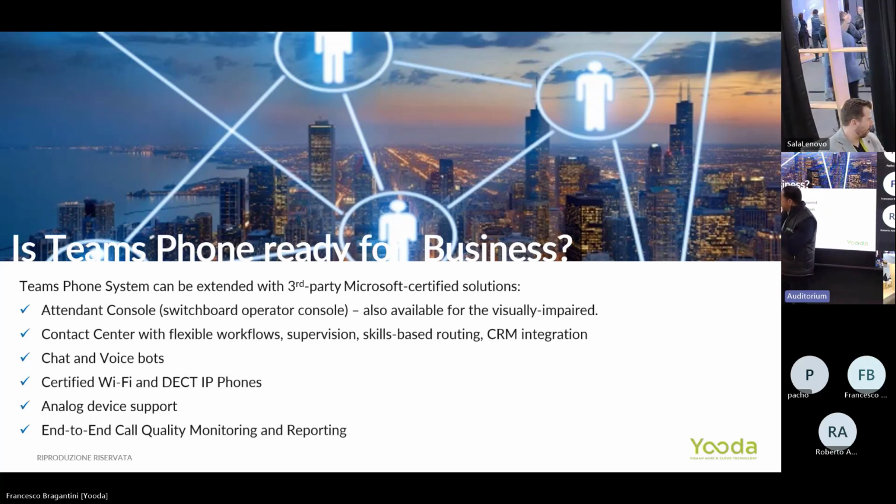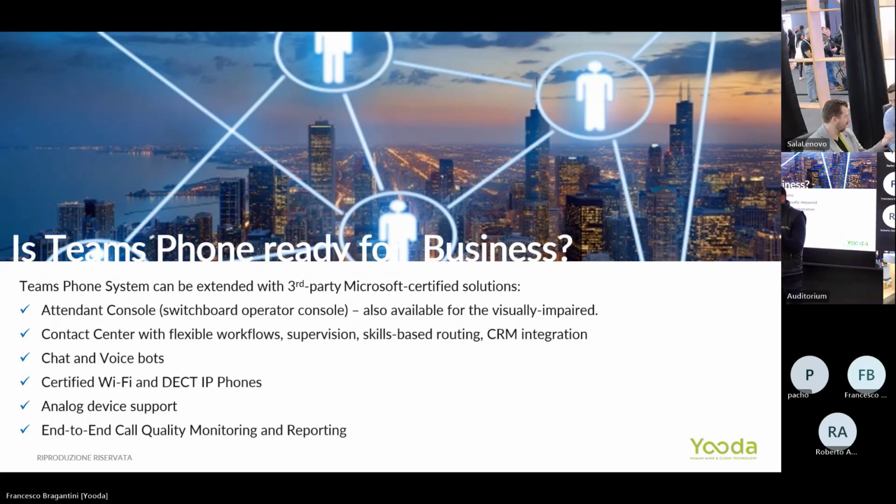What else? Certified wireless phones. This is particularly useful for businesses in industries where you have plants or production lines, where it is not really practical to have a wired phone, or people need to move quite often back and forth.